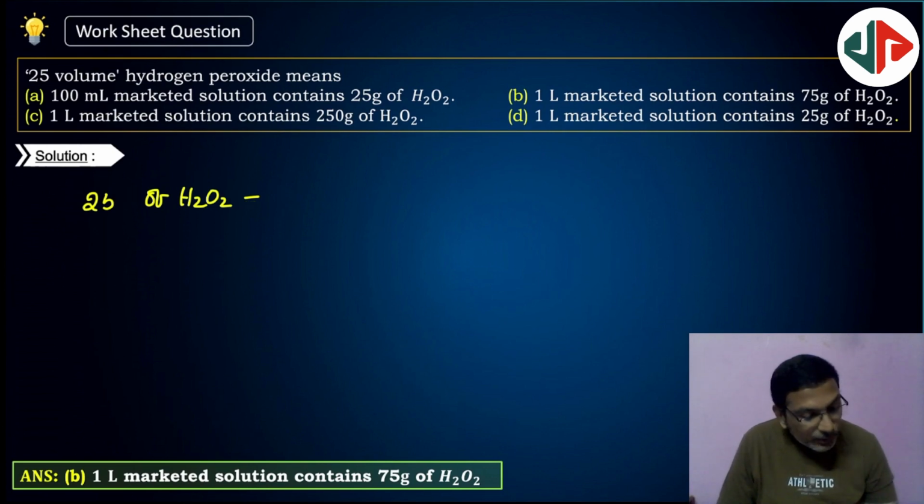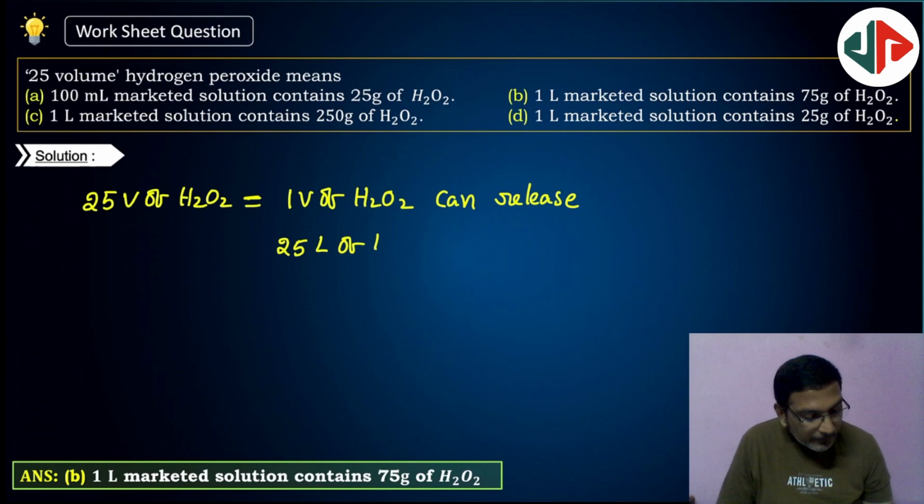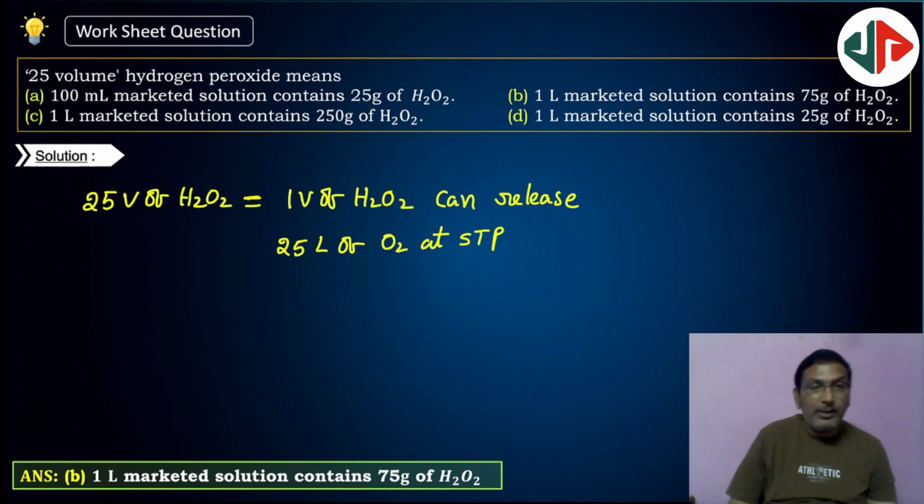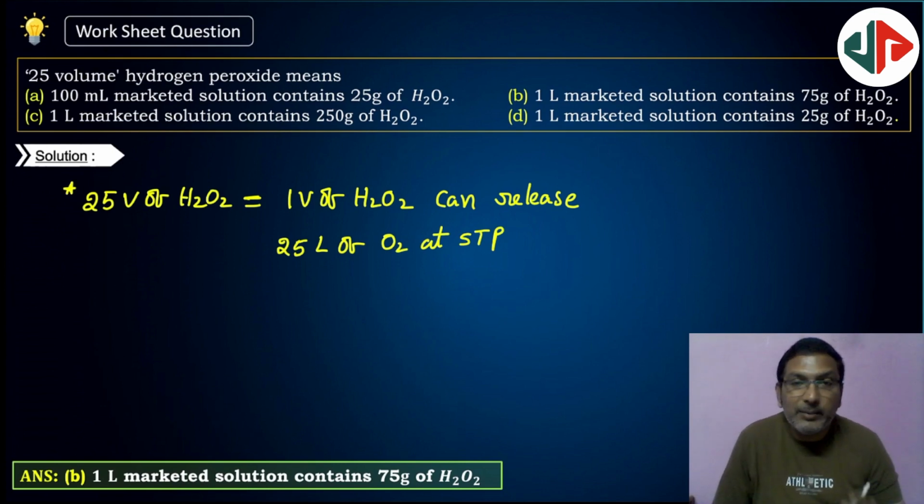Here I am taking volume. 25 volumes of H2O2 means 1 volume of H2O2 can release 25 liters of O2 at STP. That is the meaning. 25 volumes means 1 volume of H2O2 can produce 25 liters of O2 at STP.